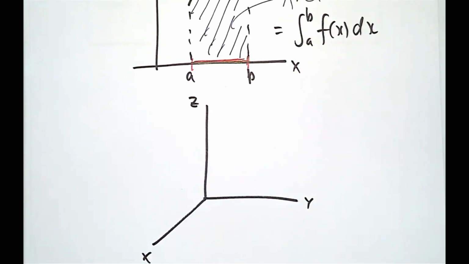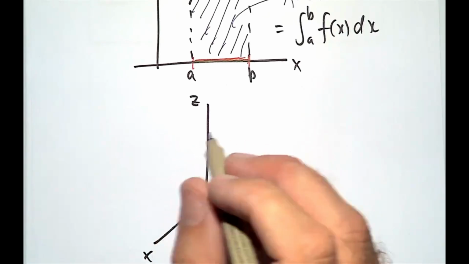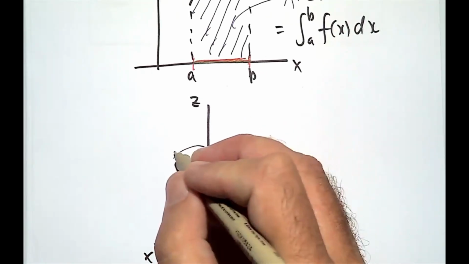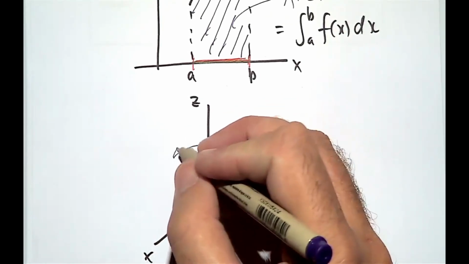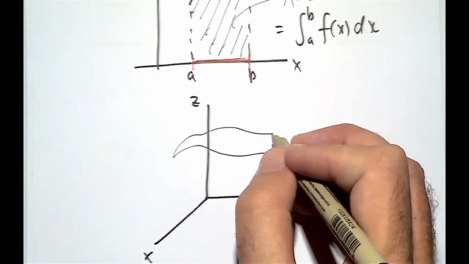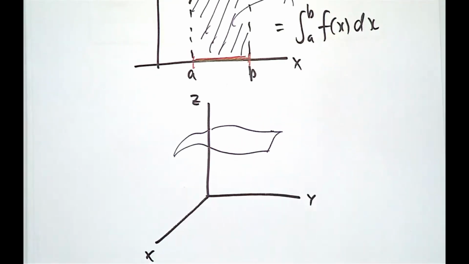Okay, so let's say I've got some sort of surface. Now the way I've drawn that, you can project that surface onto a rectangle in the xy plane. So let me draw in a couple of extra things.